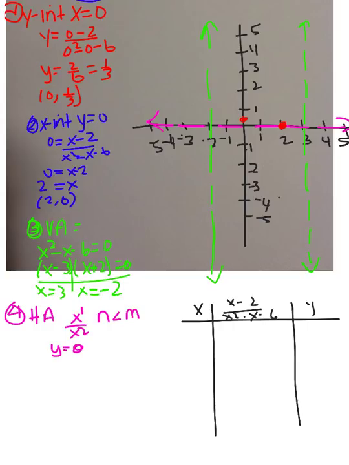So I want some numbers to the left, in the middle, and to the right of my vertical asymptotes. So I'm going to do -4, -3, -1, I already have 0, 1, I already have 2, I'll do 4, and 5.